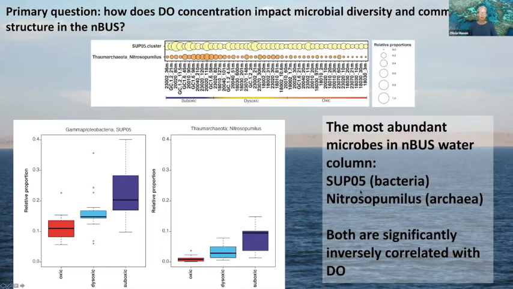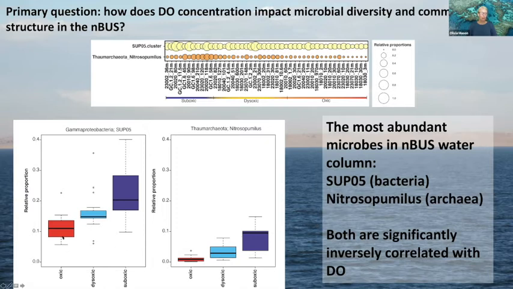So these are some of the most abundant microbes in the NBUS water column. We're talking about SUP05, which is a bacteria, and Nitrosopumilus, the ammonia oxidizing archaea that Lauren already talked about. Both are significantly inversely correlated with dissolved oxygen.